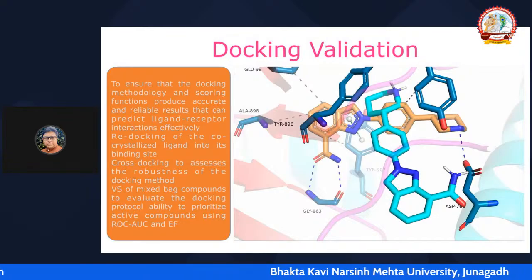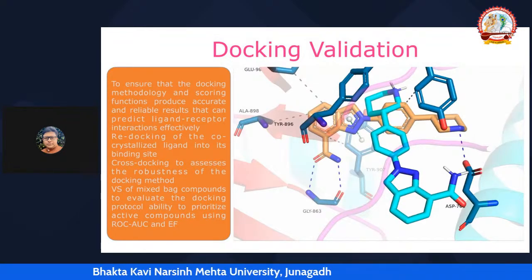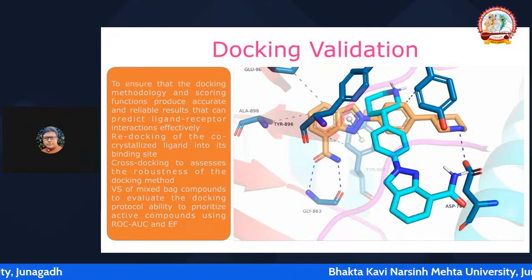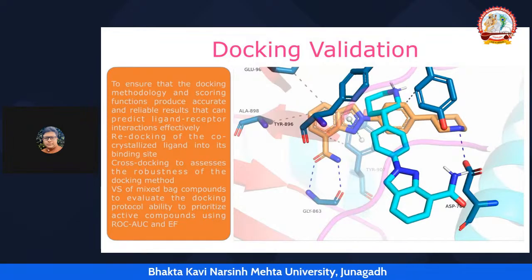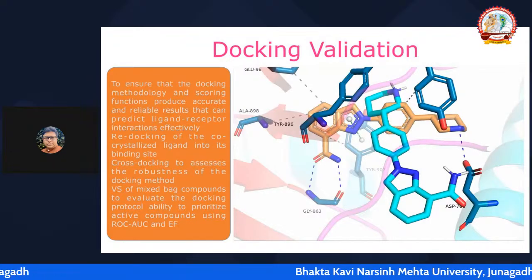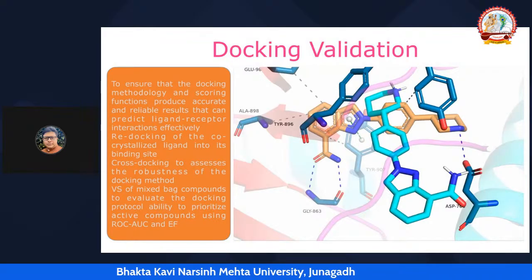Next we do what is called docking validation. Before we start the actual docking process, we do docking validation. Now, docking validation is a process in which we check the docking procedure.